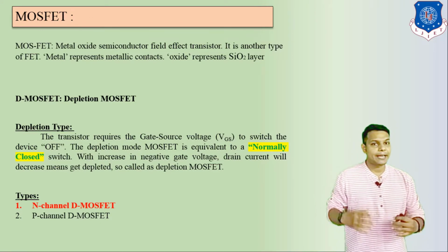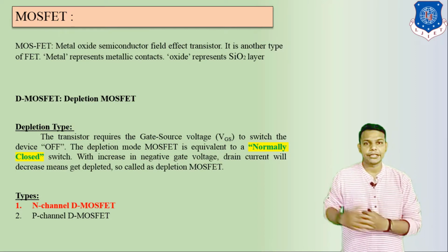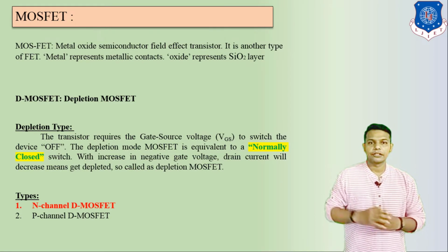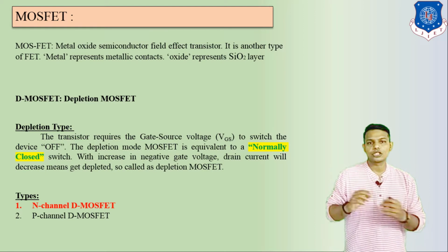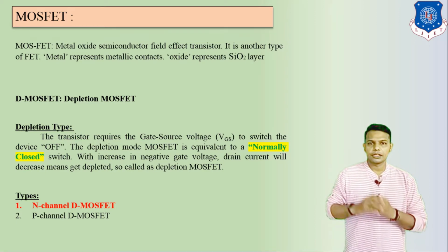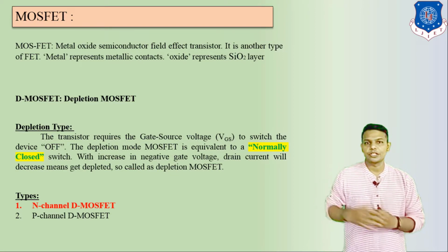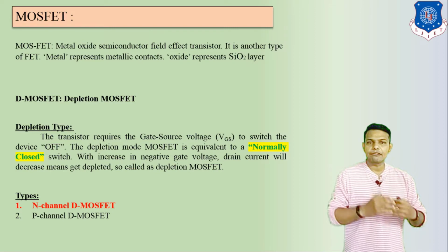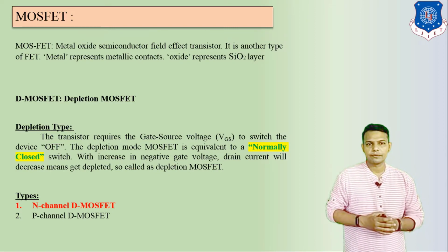D-MOSFET, that means depletion MOSFET: the transistor requires gate to source voltage to switch the device off. The depletion mode MOSFET is equivalent to a closed switch, that means it is also known as a normally closed switch. With an increase in negative gate voltage, drain current will reduce.